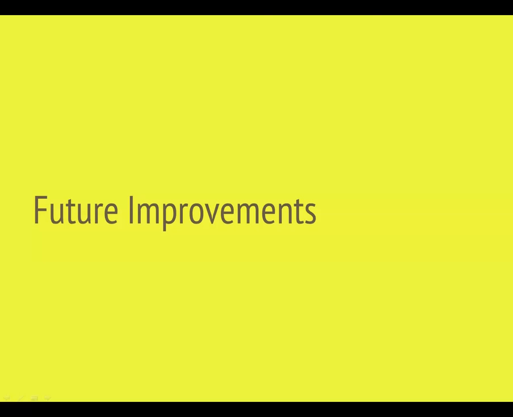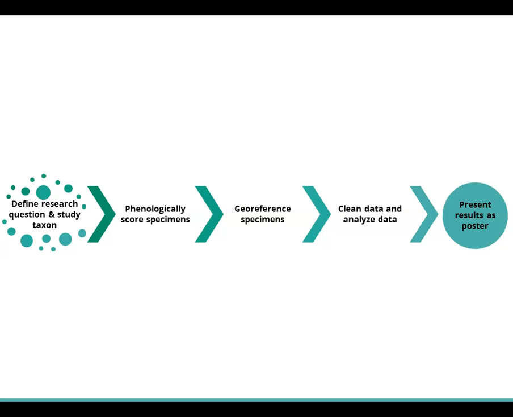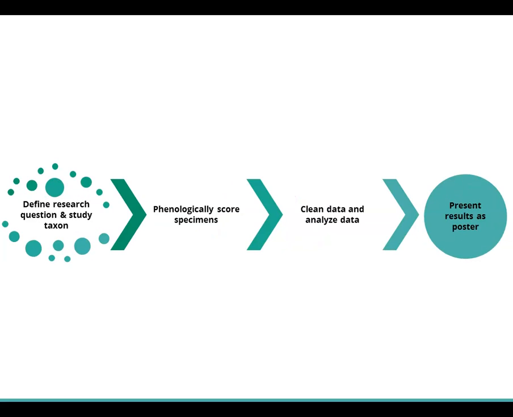With these great results and guided by feedback we received from the students, Cal Poly and UC Santa Barbara are now working to improve the course to run more smoothly and require less content knowledge from the instructor. First, we are simplifying the research workflow by removing the georeferencing module, which will enable the students to begin conducting analyses earlier in the course, and it will save the instructor significant time and effort.